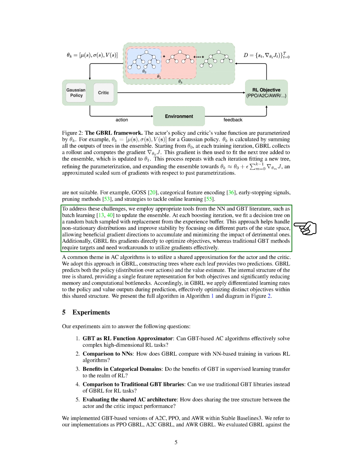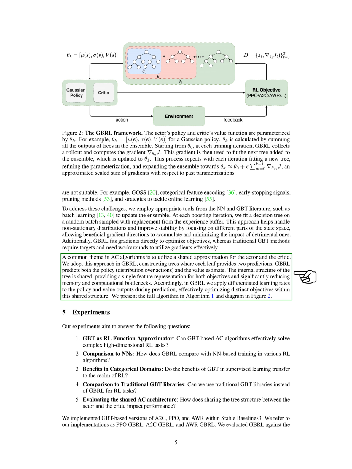To address challenges specific to RL, such as non-stationary state distribution and online learning, we incorporate techniques from neural networks, NN, and GBT literature. We update the ensemble at each iteration by fitting a decision tree on a randomly sampled batch from the experience buffer. This helps handle varying gradients and improves stability during training.